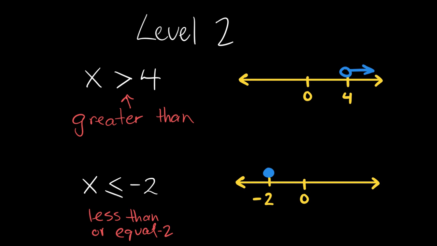And numbers less than negative 2 go in the left-hand direction. So that's the graph of x is less than or equal to negative 2. It shows all the values that are smaller than or equal to negative 2. They start here and are all on this side, as opposed to numbers greater than 4, which start here but don't include 4 and go to the right.